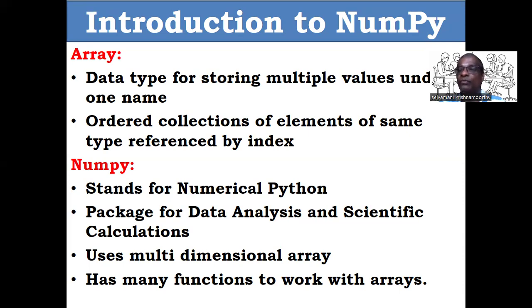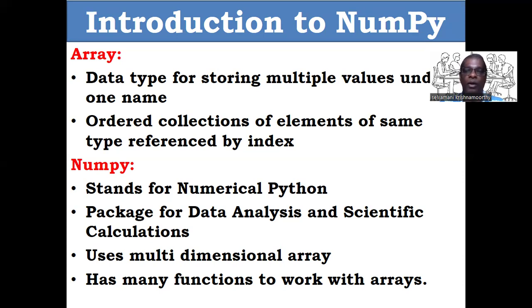In this case you would need 5 different variables. Instead of declaring 5 different variables, I will declare only one variable, and into this variable I can store all 5 subject marks. That is called an array, a data type for storing multiple values under one name.